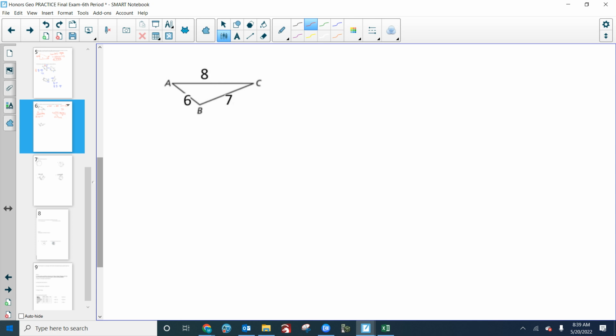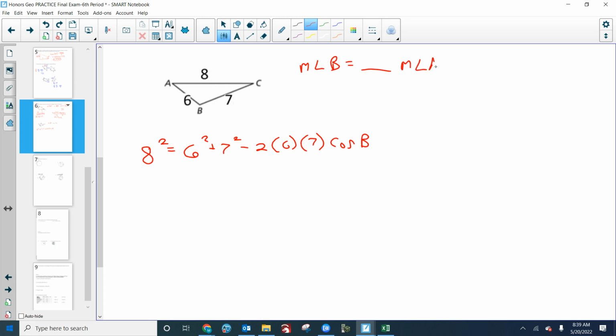Well, if we want to find angle B, we need to have side B squared. Remember, the best way to do this to avoid order of operations issues is to subtract, and then divide. So 8 squared minus 6 squared minus 7 squared, subtract, and then divide by -2 times 6 times 7.